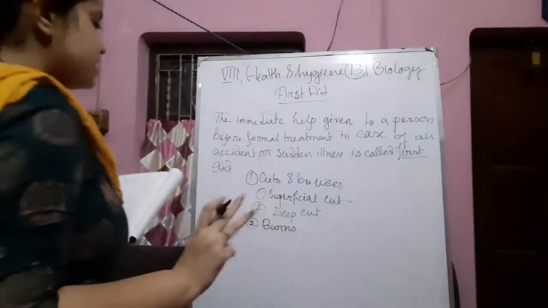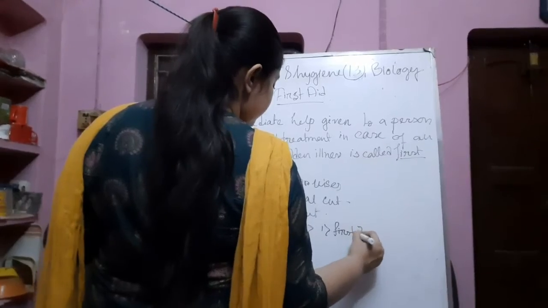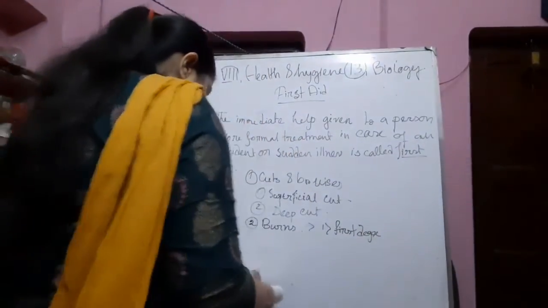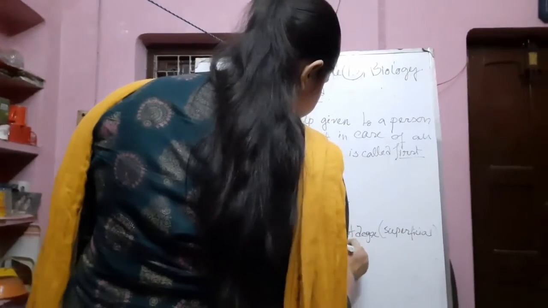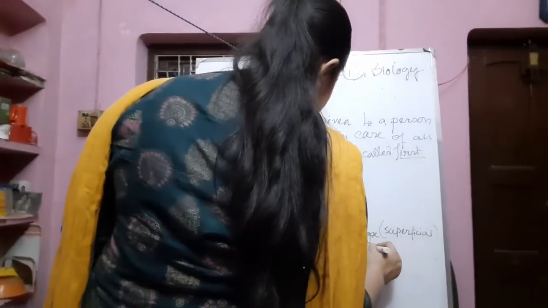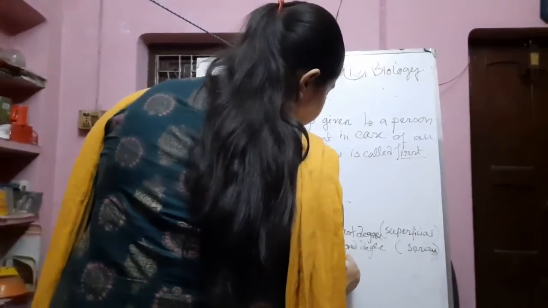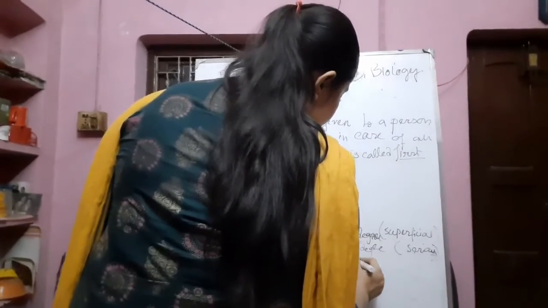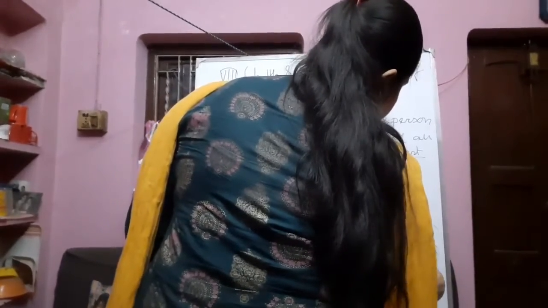There are 3 degrees of burn: first degree, which is also called the superficial burn, then the second degree, which is the serious burn, and finally the third degree, which is the severe burn.